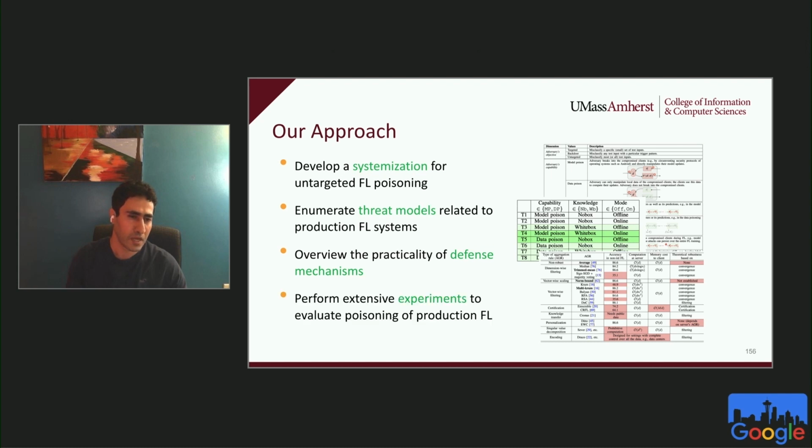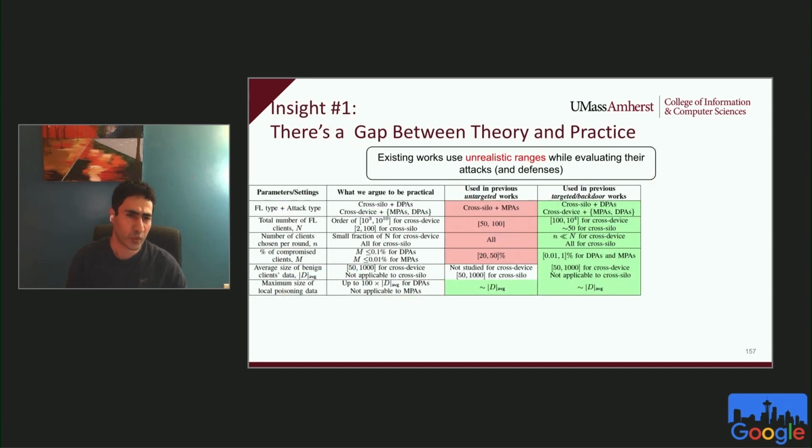And finally, we do comprehensive experiments on a selected set of attacks and defenses from the literature to understand the status quo of poisoning attacks on production systems. I'm going to summarize with three main insights from our work.